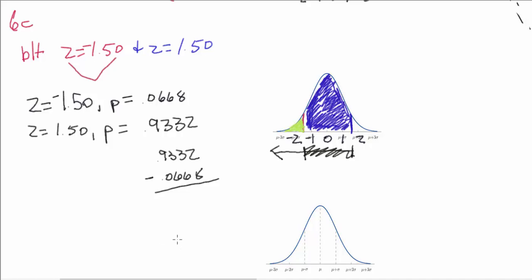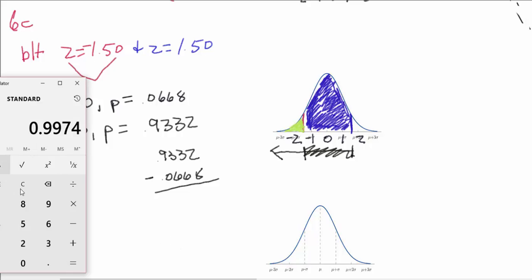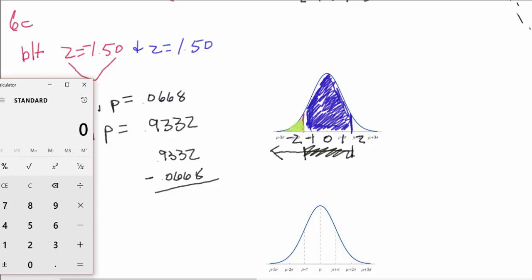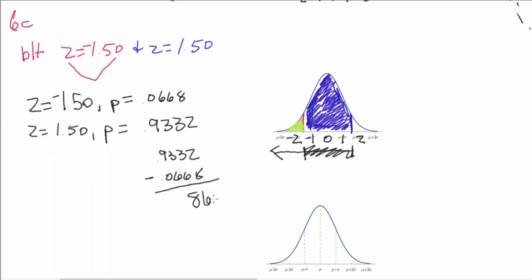Again, I don't trust myself, so let's pull up a calculator real quick. We've got 0.9332. You could do 93.32% minus 6.68%. Both would be correct. That gives 86.64%, or 0.8664. You should be consistent, unlike me.